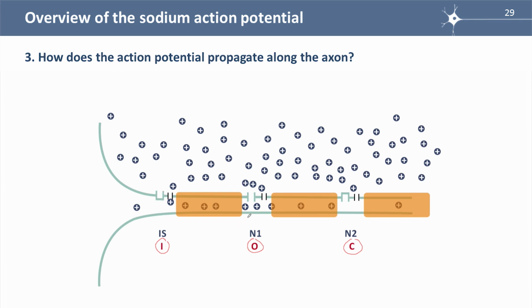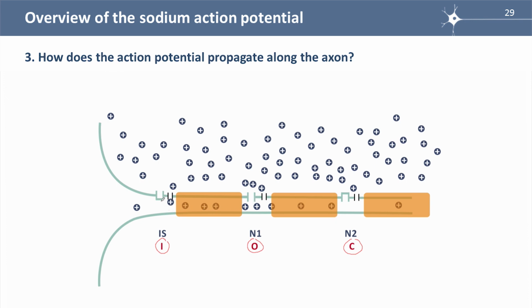It's very important that these sodium channels inactivate, because otherwise the action potential could be propagated backwards. Here it's impossible because these sodium channels are closed, so there is no sodium current here.